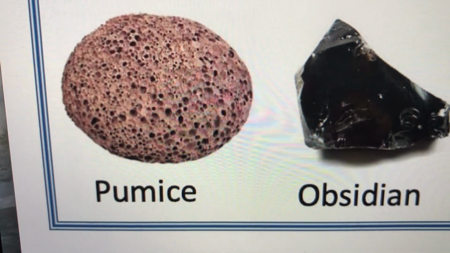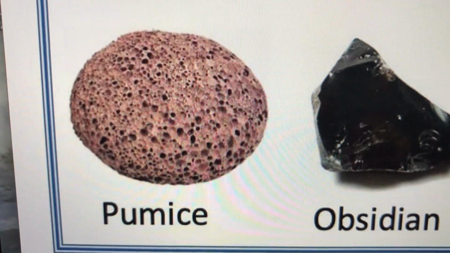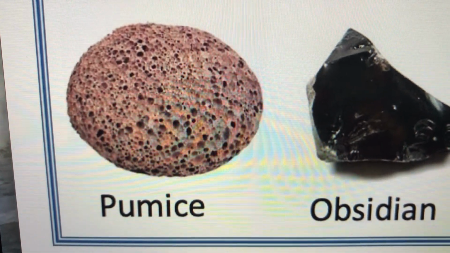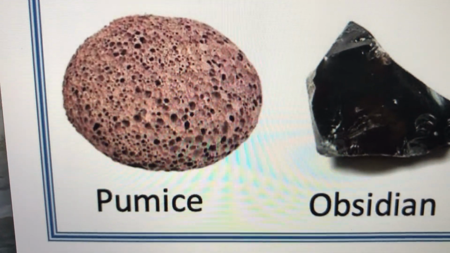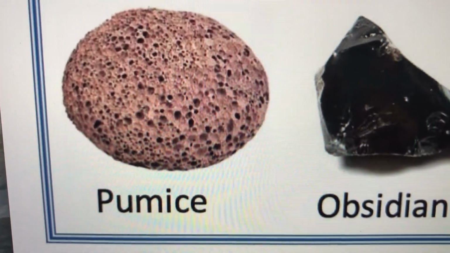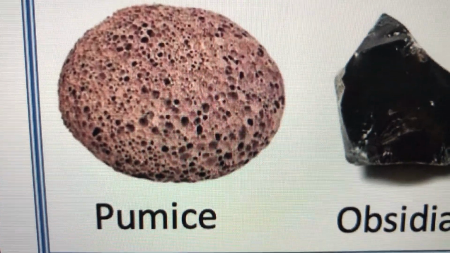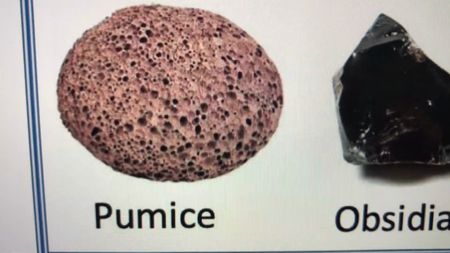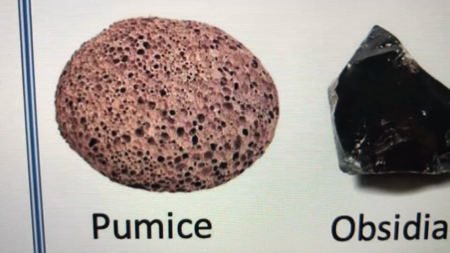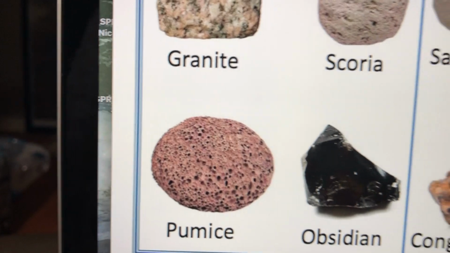You may not have these things as a kid, but I know adults can have some tough skin on the bottoms of their feet, and so they'll use this pumice rock. So that's kind of cool how God makes that. Well, God made the minerals and everything. So there's granite and there's pumice, as it shows.